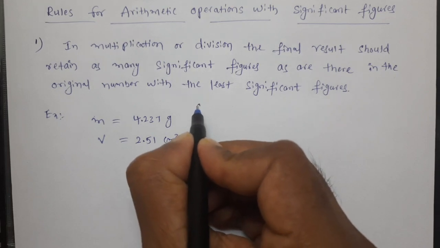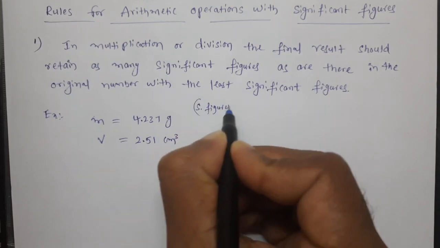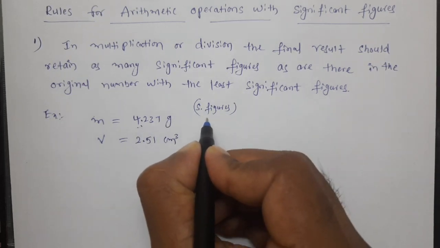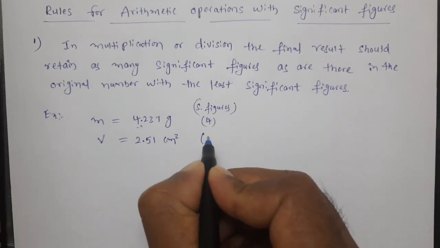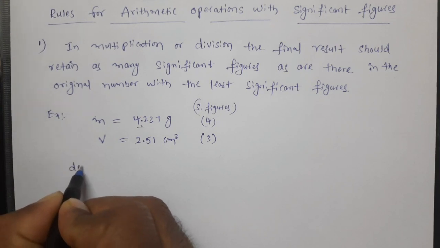Now, if we see significant figures, how many significant figures are there in this measurement? 4. How many significant figures are there in this measurement? 3. Now let us find the density. Density is equal to, what is the formula?